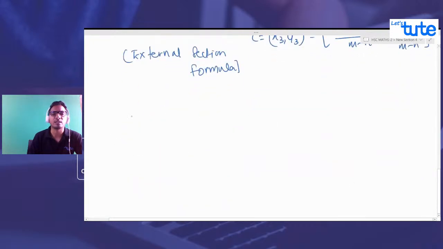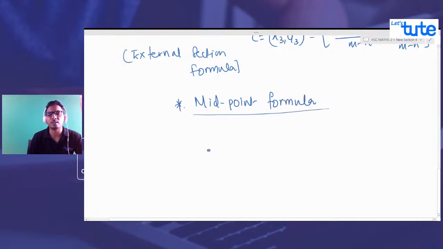And then we learned a few derivations out of the internal section formula. Out of them, the first one was the midpoint formula. So what is the midpoint formula? If we have a line segment AB, and we want the middle point, suppose we have the coordinates (x1, y1) for A and (x2, y2) for B, then the middle point, let us say C, that is (x3, y3), we can find by using the midpoint formula.